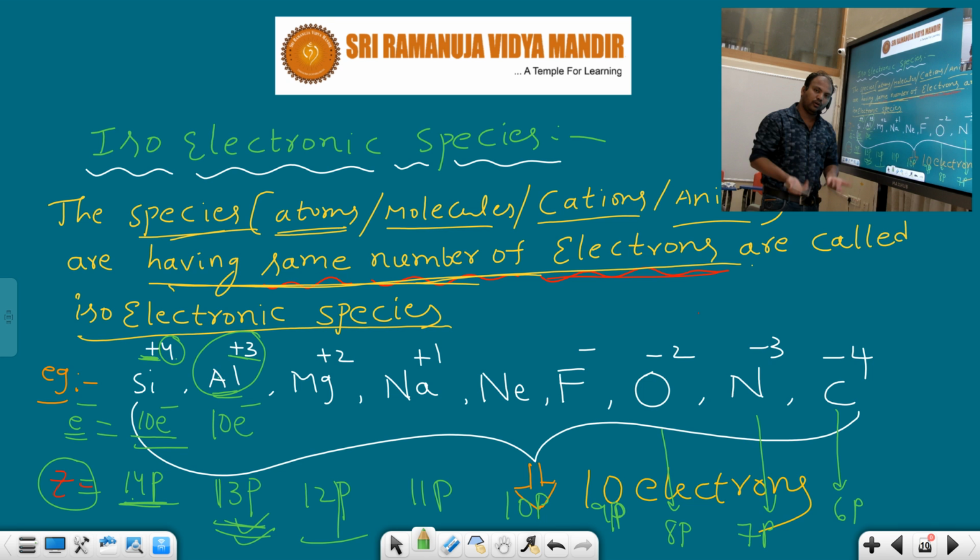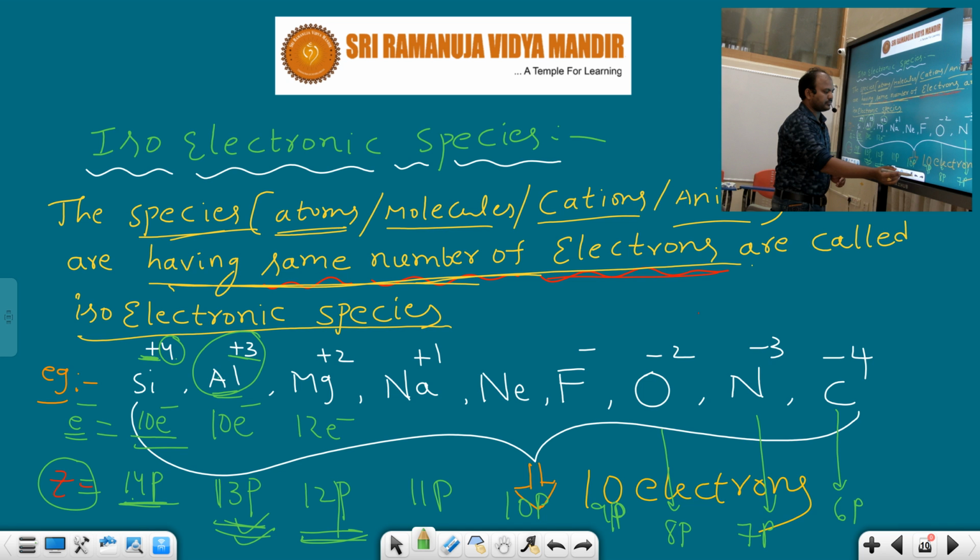But what will happen? Magnesium lost how many electrons? 2 electrons. So out of 12 electrons, magnesium lost 2 electrons. Then it has how much? 10 electrons, because out of 12 electrons it donates 2 electrons.